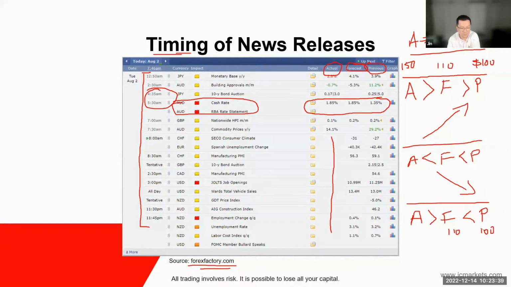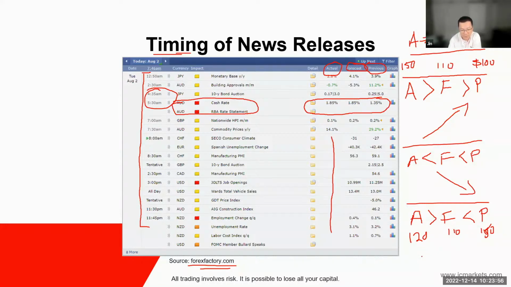That doesn't work. Let's say you had 150, you're expecting 110, but you actually got 120. Right? So the actual was greater than your forecast, but smaller than your previous.